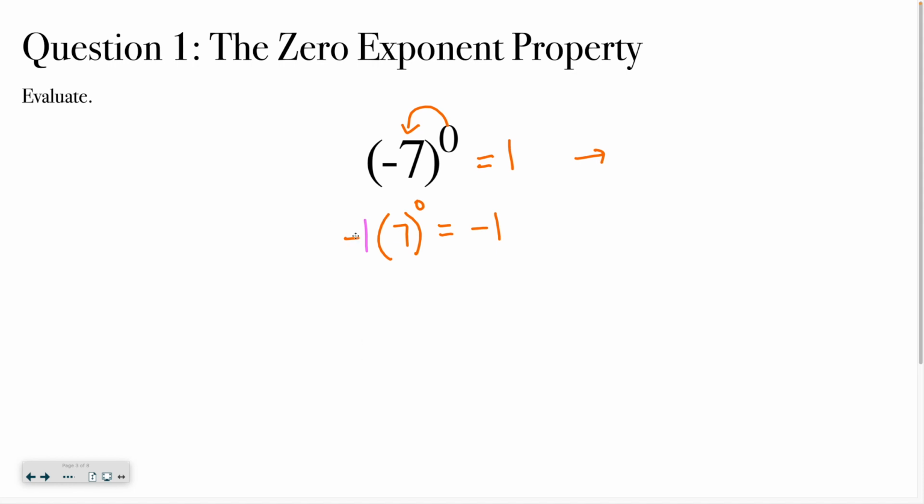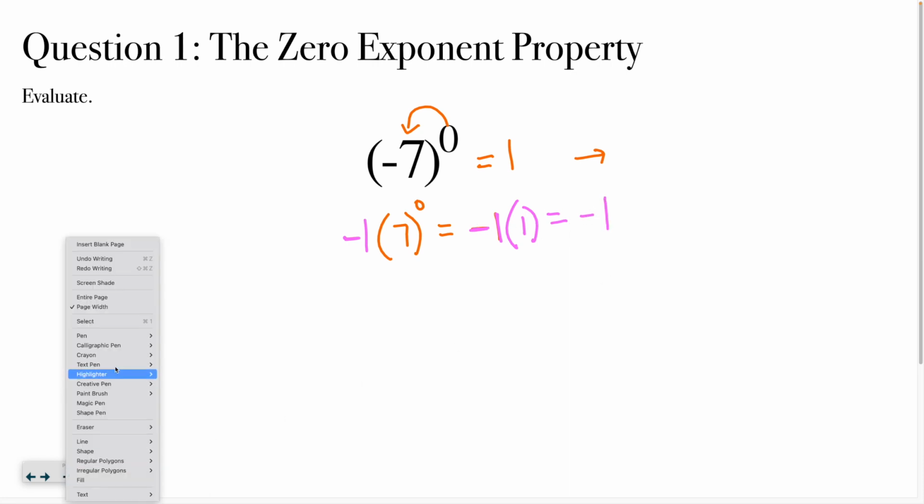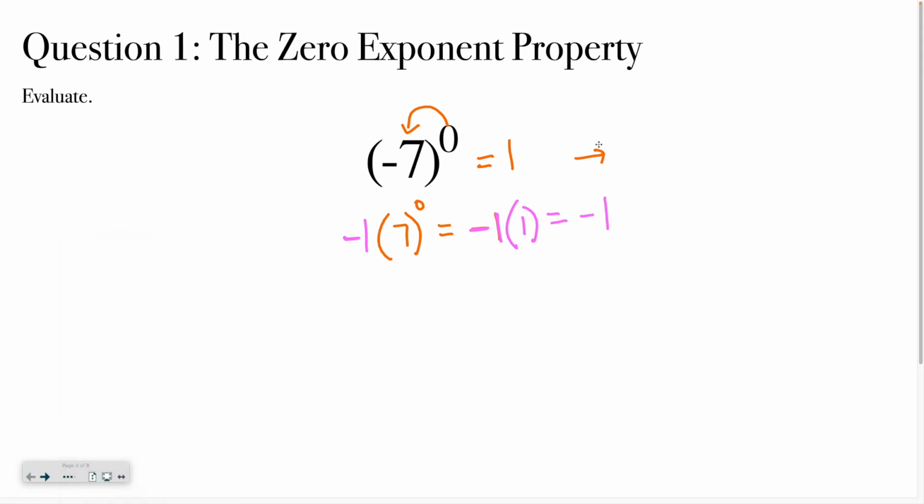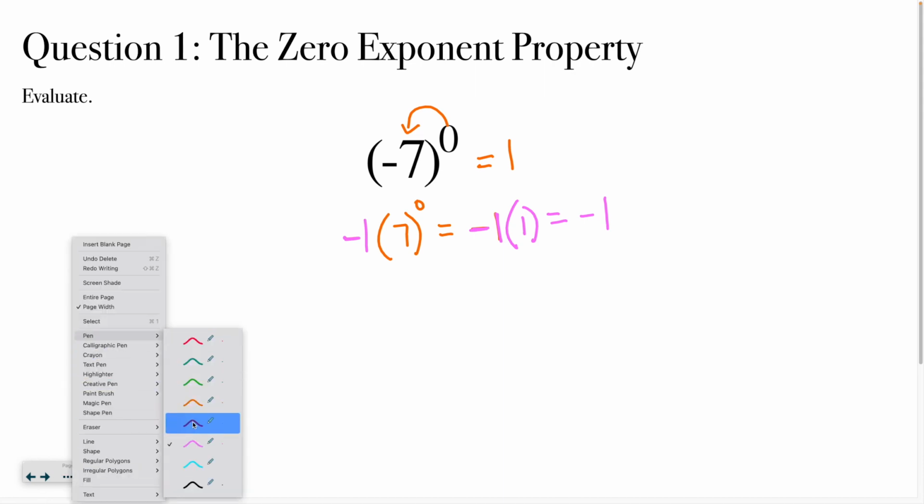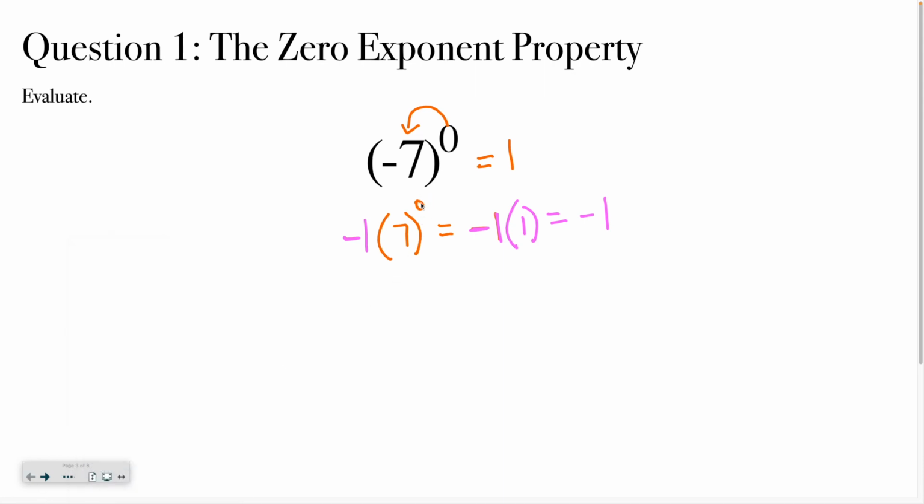So it's almost like saying I have the number -1. So I have a -1, and then that 7 to the 0 power becomes a +1, and -1 times a +1 is a -1. So when you have a number outside of your parentheses, it does not get converted to a 1.